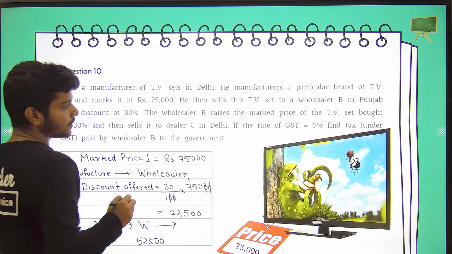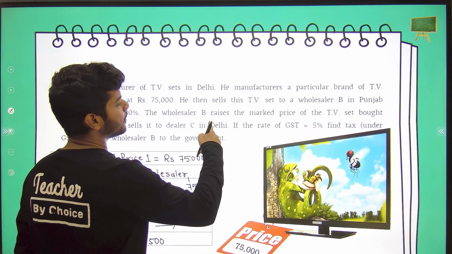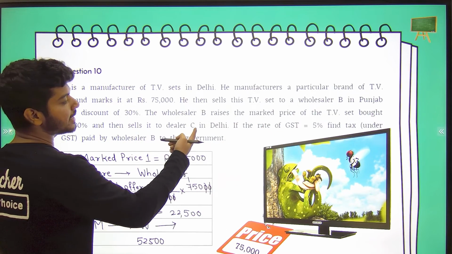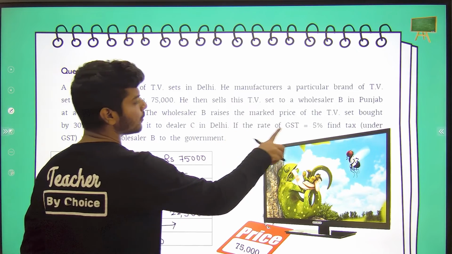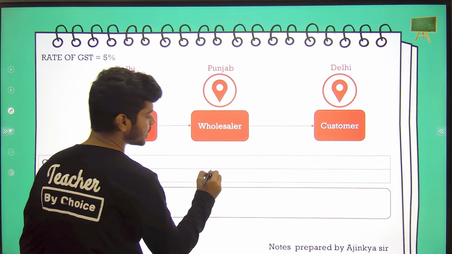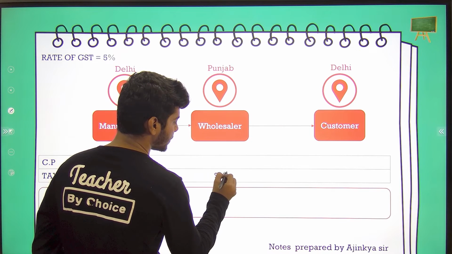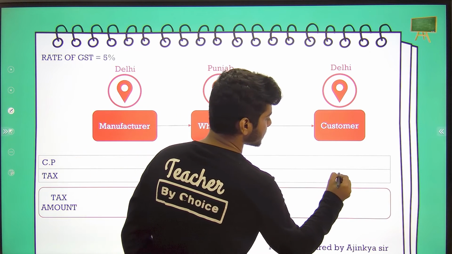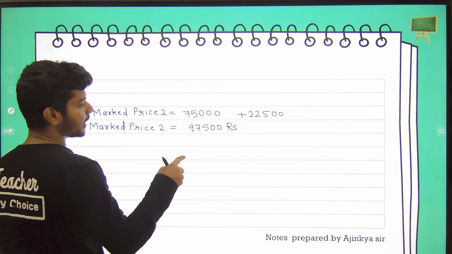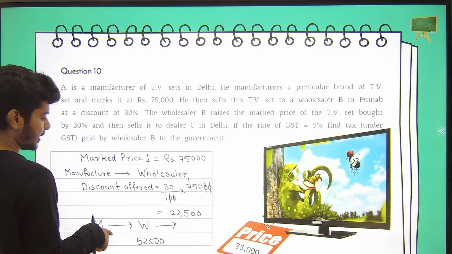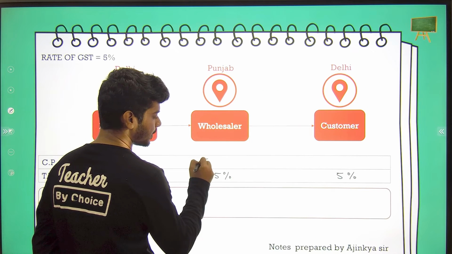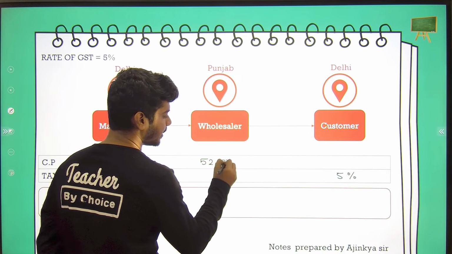Now B raises the mark price by 30%, then sells it to dealer C in Delhi. If the rate of GST is 5% in each case, so here also 5%, here also 5%. And the wholesaler's cost price we have already calculated: 52,500. So write the cost price 52,500.